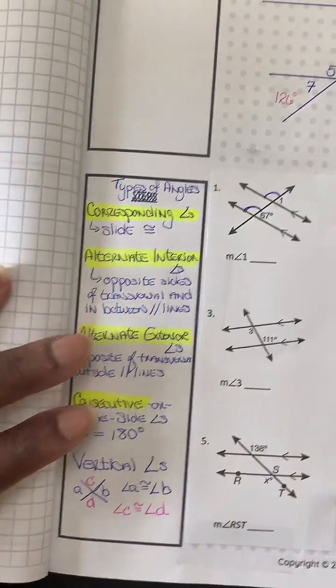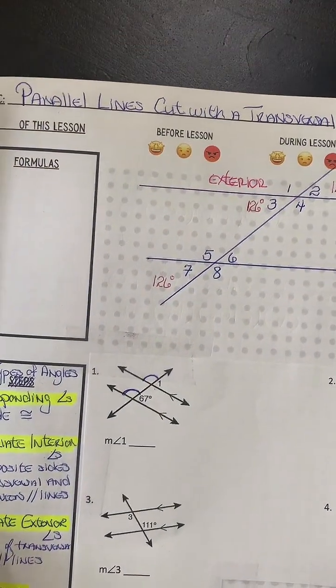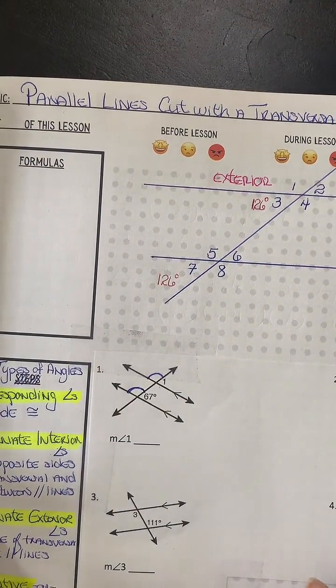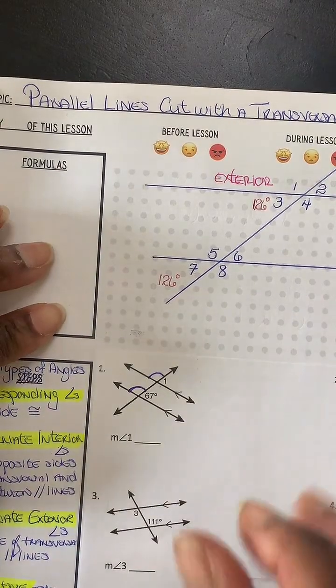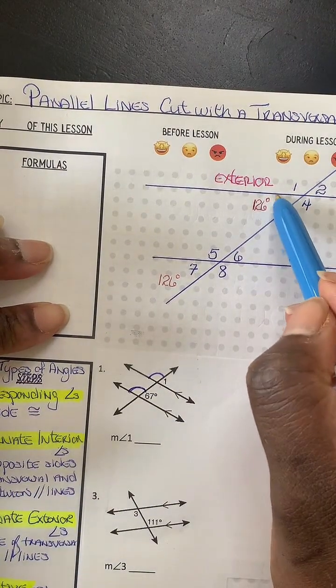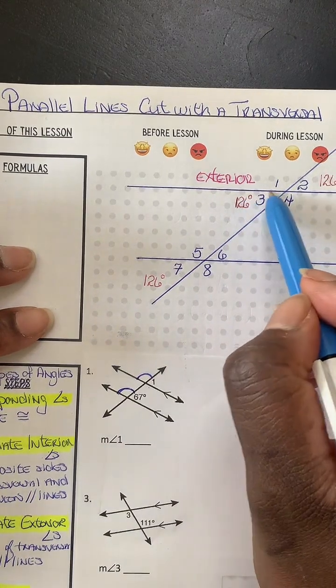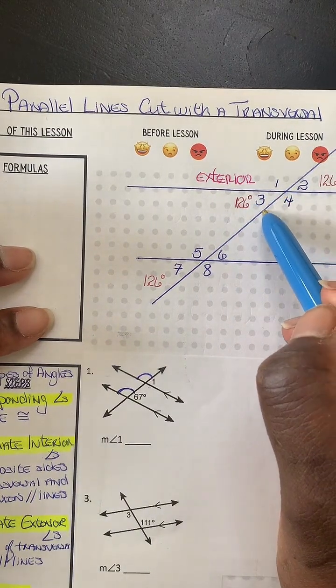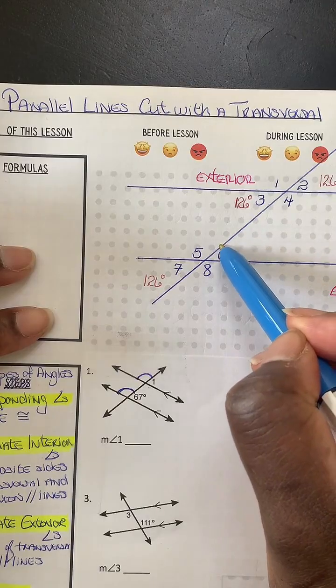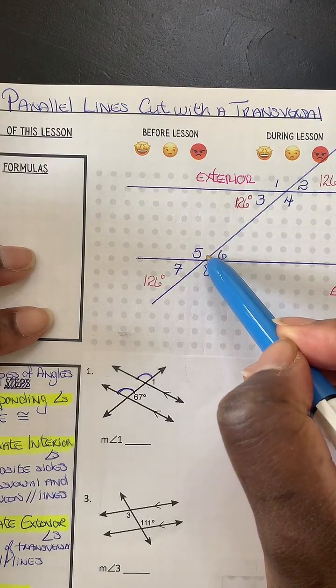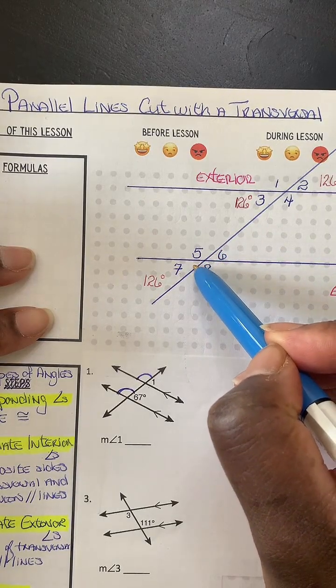Okay, so let's take a look. If I traced, I wish I had tracing paper, but I don't. If I traced angle 3, and I slide down my transversal, is it going to stop at 5 or 7?